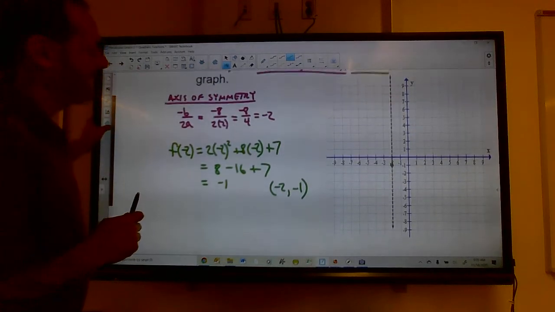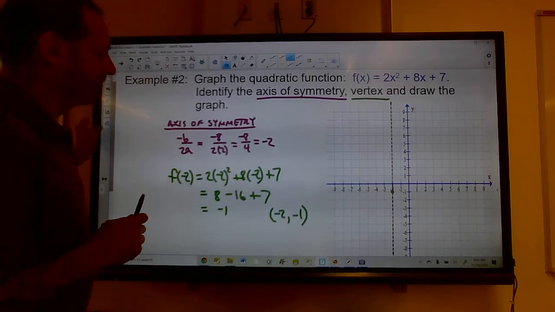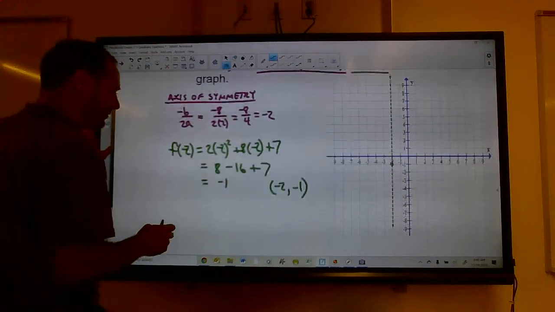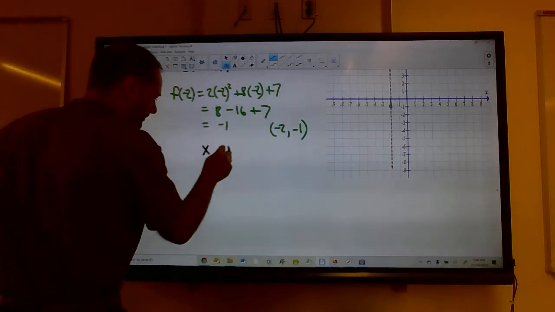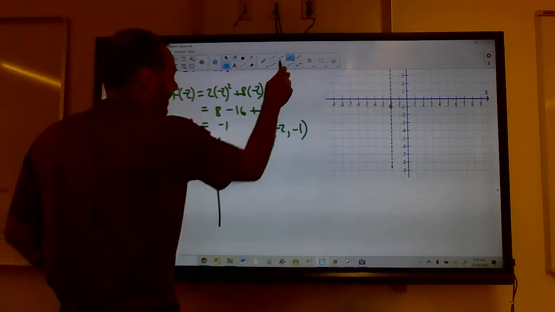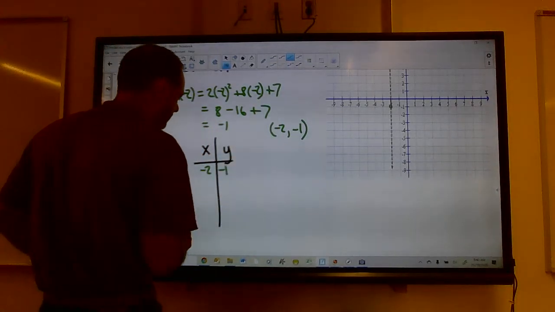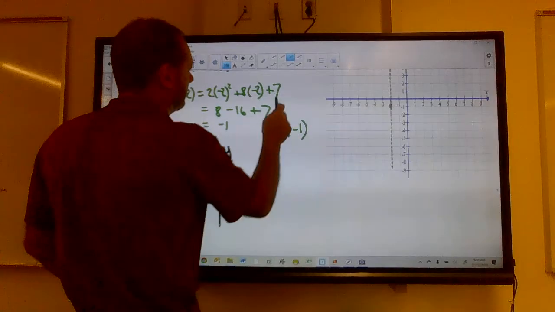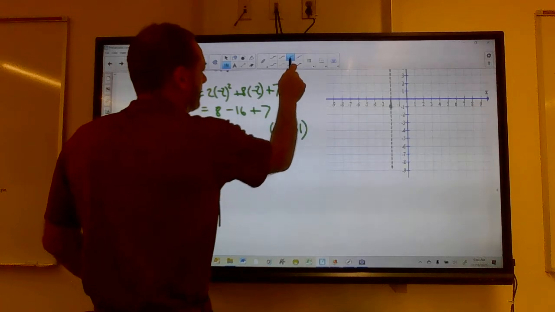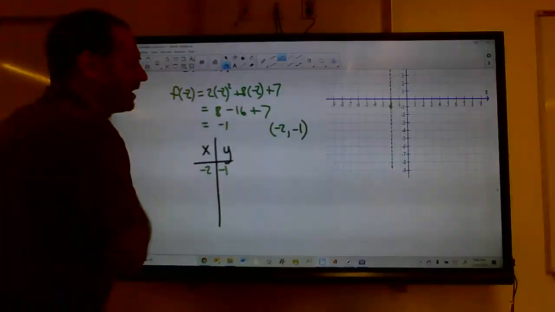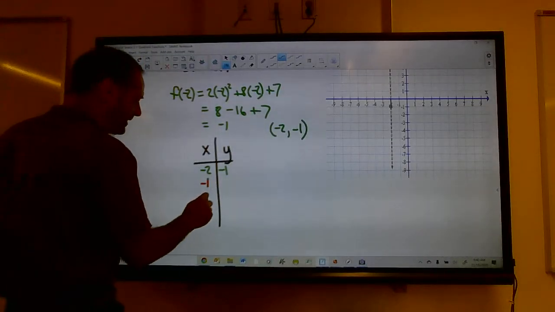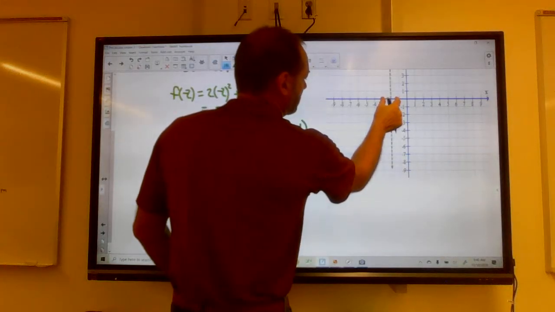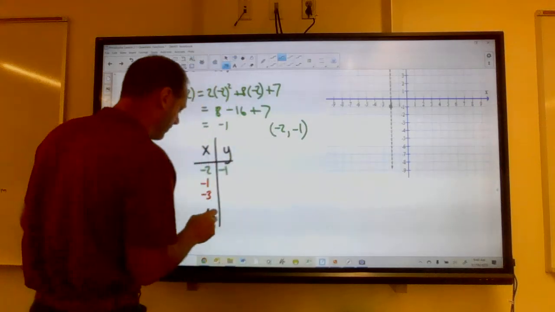Okay, now in order to draw the graph, I have to pick a couple of points. So I'll make myself a table. And my vertex was at negative 2, negative 1. I'll probably plug in the following points. I would choose negative 1 and negative 3. They're symmetric to negative 2, so that's going to give me the same answer. And 0 and negative 4.